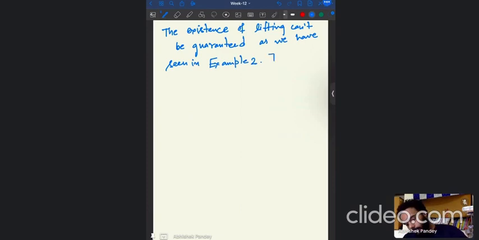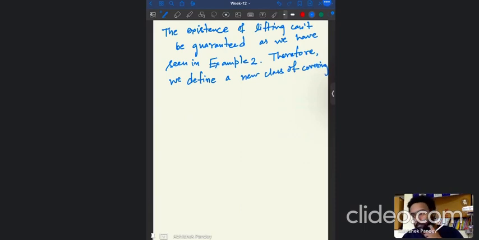Therefore, we define a new class of covering. In the literature, it also has different kinds of names. So let me write the definition. This is definition 2.